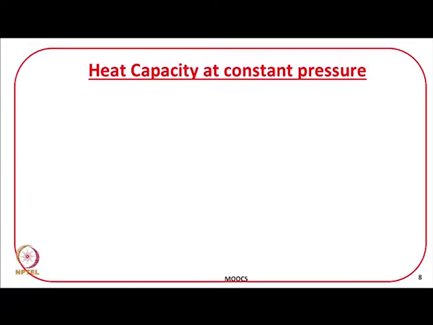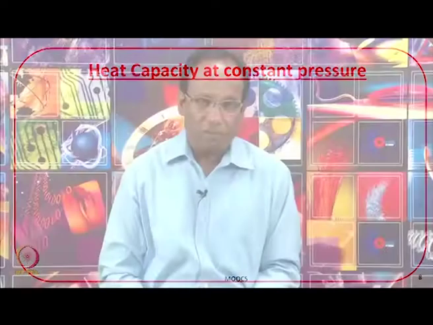Now, let us discuss the heat capacity at constant pressure. If the pressure is held constant, then definitely the amount of heat required to change the temperature by 1 degree will be different.